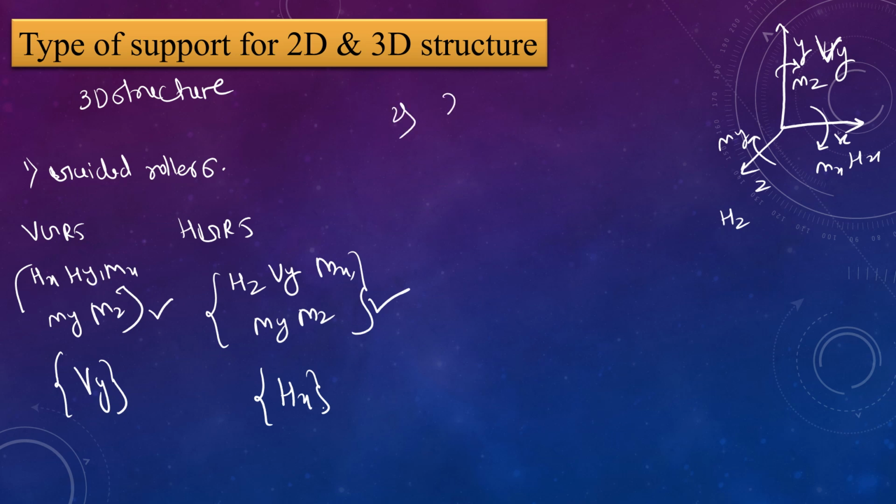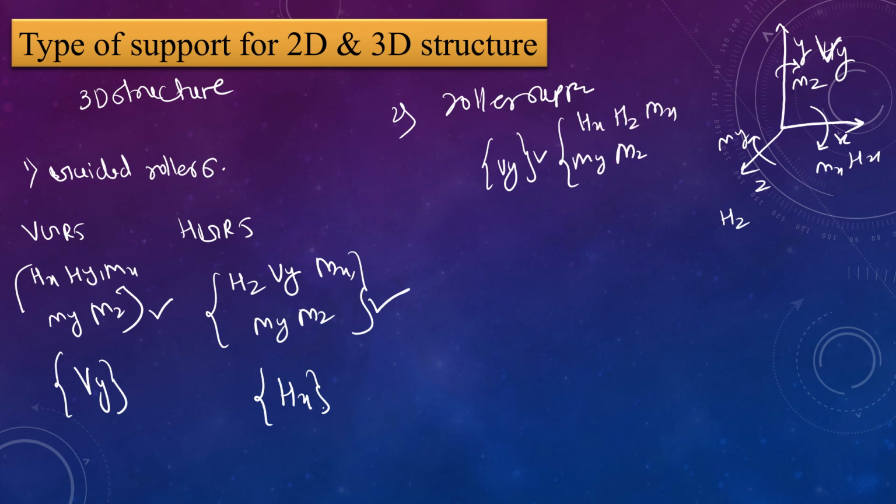Then second, in the case of roller support, this roller support is restricted only in the vertical direction, vertical direction movement. So that's why Vy is present here, and the remaining values, which are Hx, Hz, Mx, My and Mz, are all not present here. Then third is hinge support.